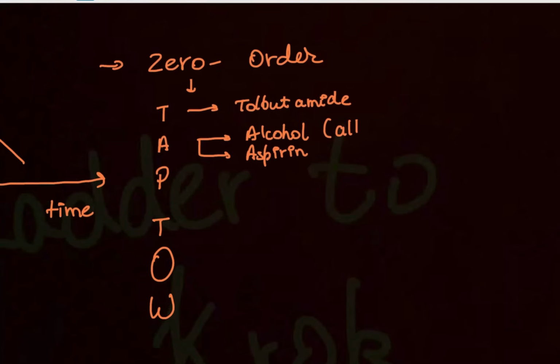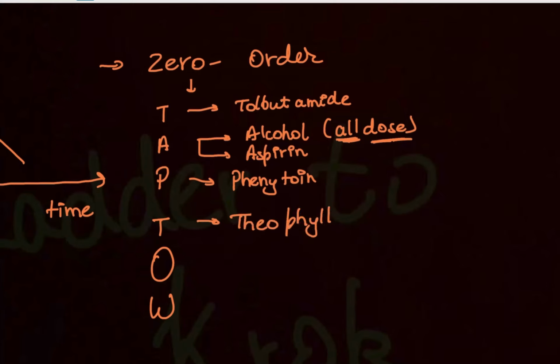Alcohol at what dose? At all doses, even a little bit of alcohol, acute or chronic, in both cases it's zero order. P for phenytoin, T for theophylline, O means zero order reaction, and W is for warfarin.